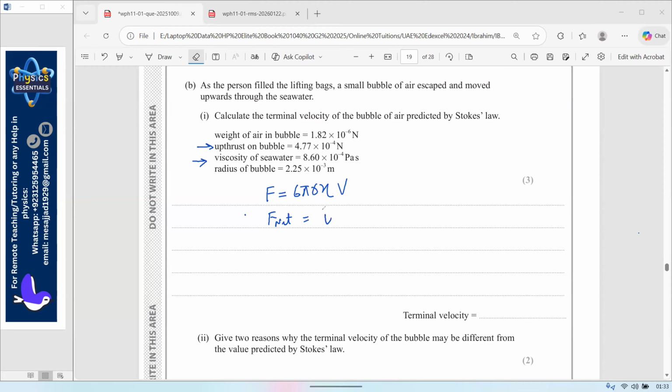Since the bubble is moving up, the upthrust is dominant. The weight is acting downward and the drag is also acting downward, so they have to be negative because they are losing. The upthrust is the winning one.